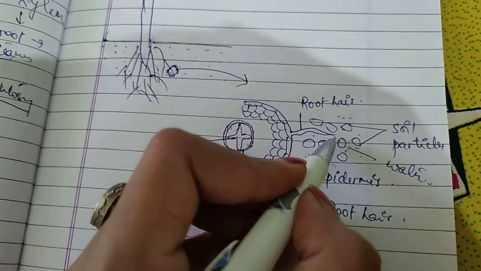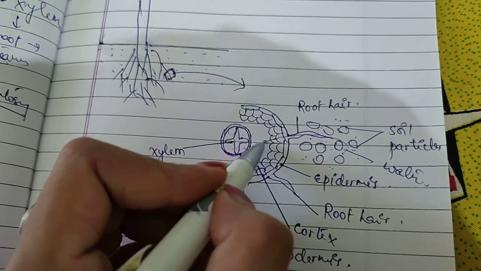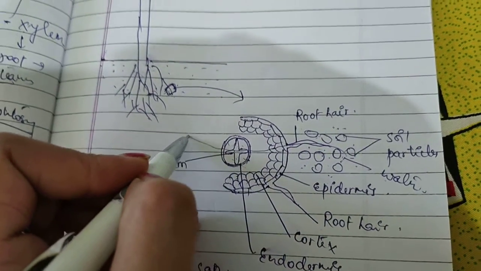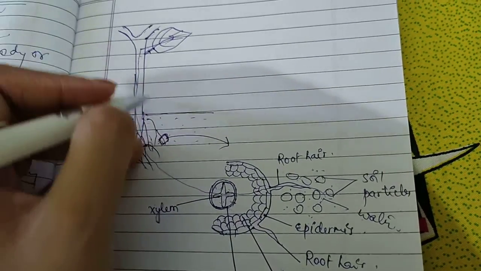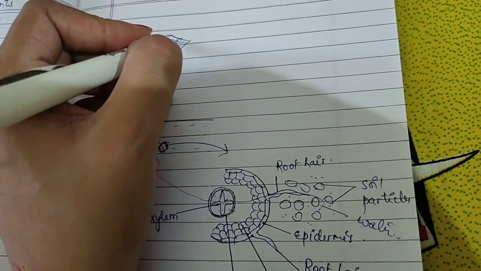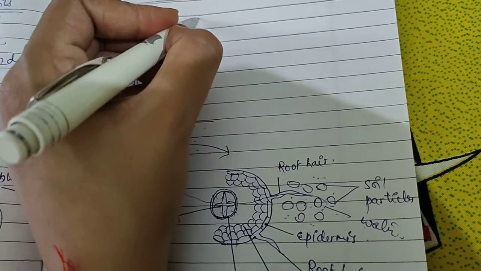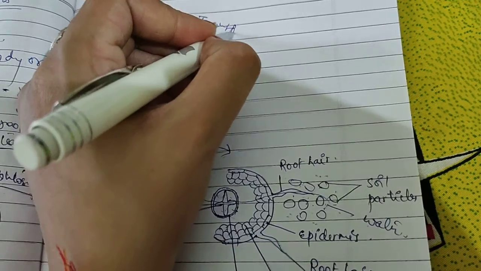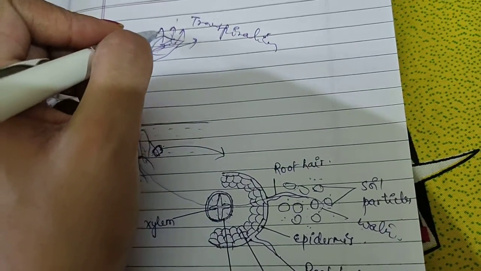So what should be the pathway? Like this, and by this it gets to the hair, and with the help of the transpiration system it will vaporize.